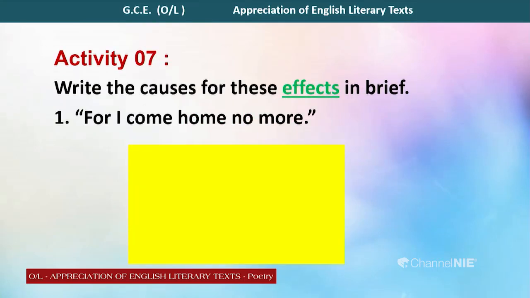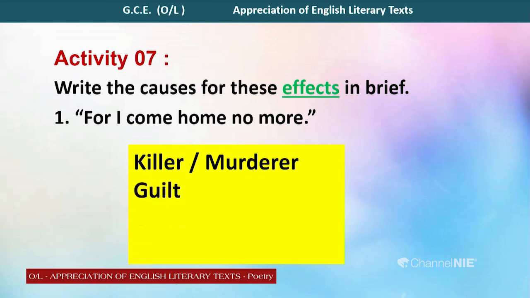Right. Now, activity 7 refers to: write the causes for these effects in brief. For I come home no more. He says, for I come home no more. The killer, the murderer, says this, the speaker. So, what does it imply? The guilt.